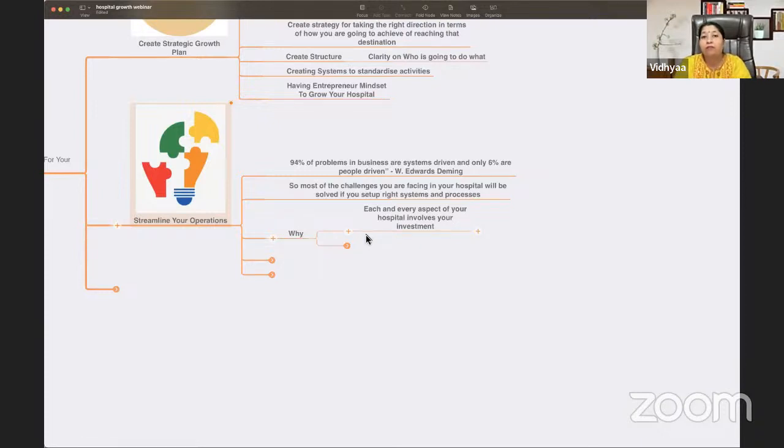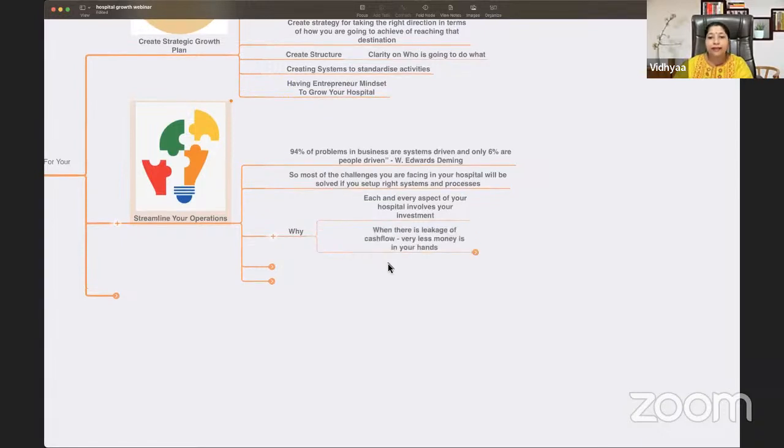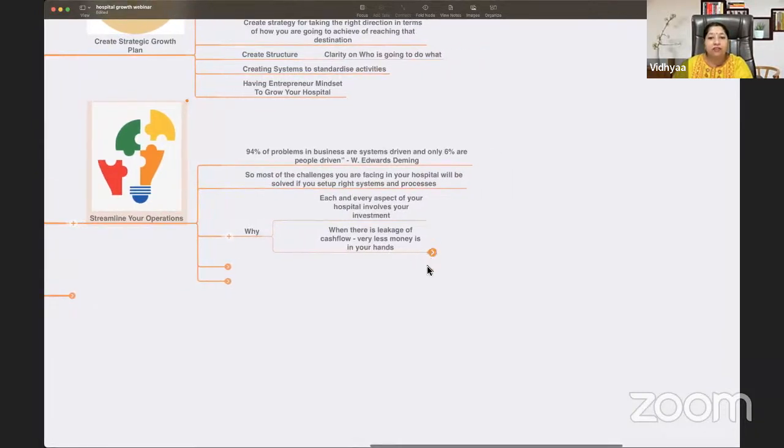If you want to have the maximum out of it, there should be a better process of using those resources, right? And when there is leakage of cash flow, you will have very little money in your hands. When there are no proper systems and processes in every area of your practice, there will be lots of leakages, and your money is wasted.